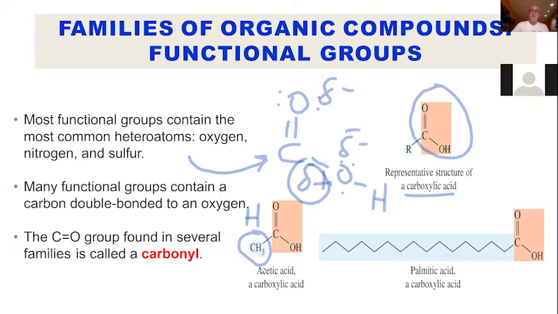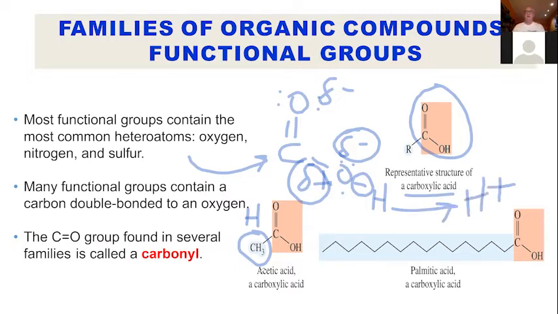That increases the partial negative charge on that oxygen and makes it freer to steal both of those electrons from its bond with hydrogen and then just release it as a proton. But we know it doesn't do a great job at that. It's not a strong acid.